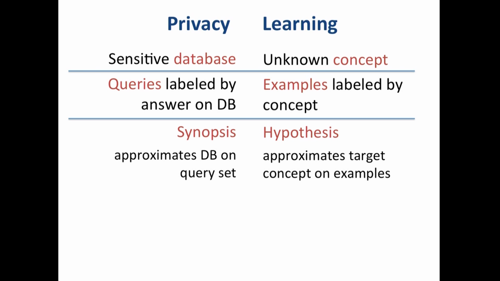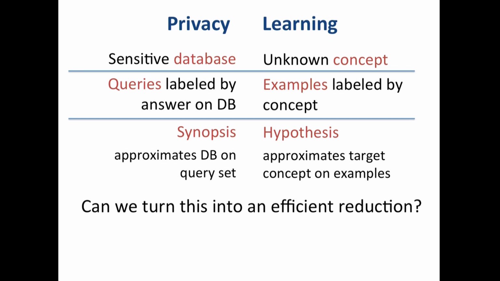And I want to ask if this is just an analogy or if it's actually a formal connection. Okay, can you turn this intuitive analogy between privacy and learning into a formal, efficient reduction? So that if somebody comes up with a nice learning algorithm that is efficient, we can use that in the privacy setting to get an efficient privacy-preserving data release algorithm. Okay, this would be the benefit of a reduction from privacy problems to learning problems.